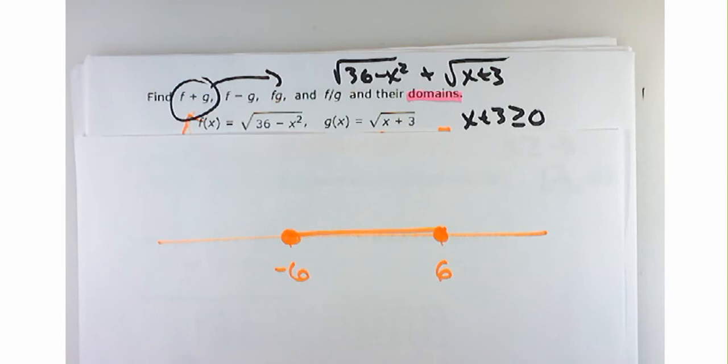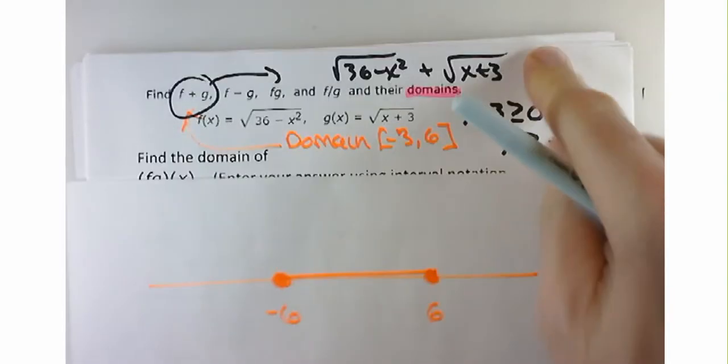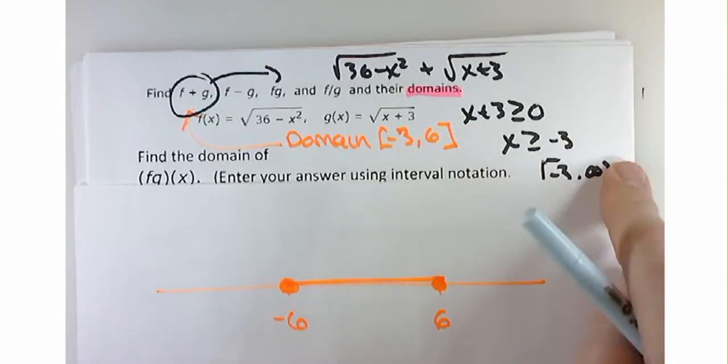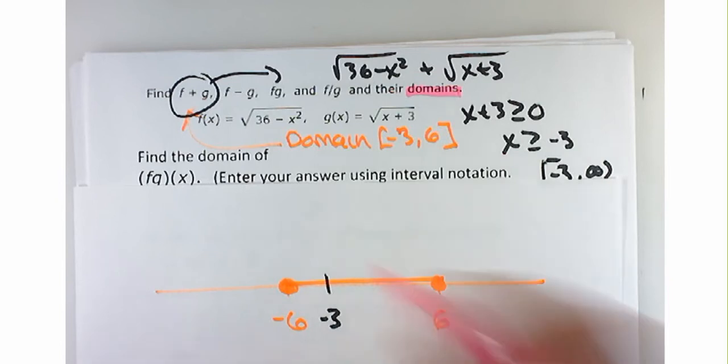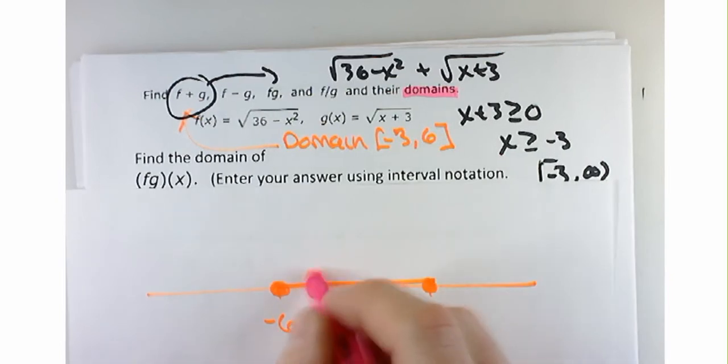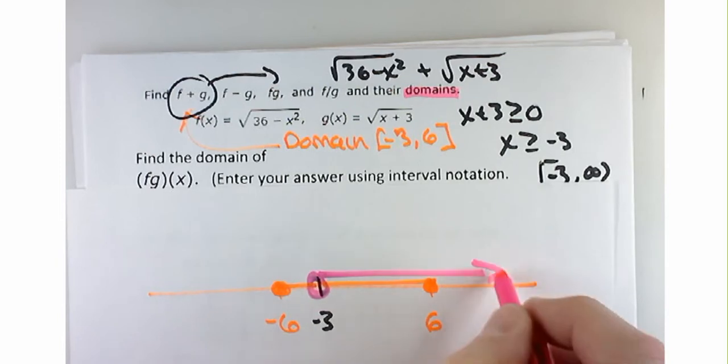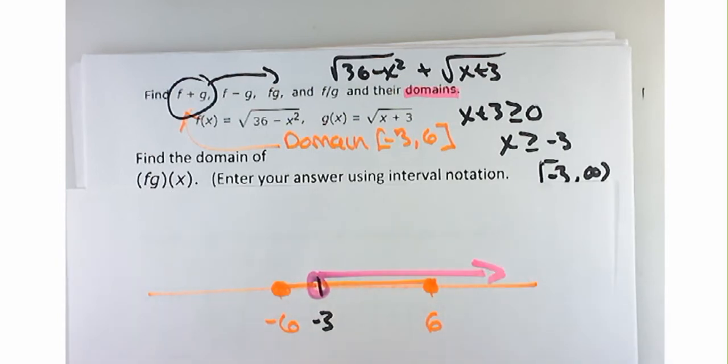My other function was defined for x is greater than or equal to negative 3. So that's going to start here at negative 3 and mosey on out towards infinity. So here, all the way out to infinity. And their domain is where these two domains overlap.